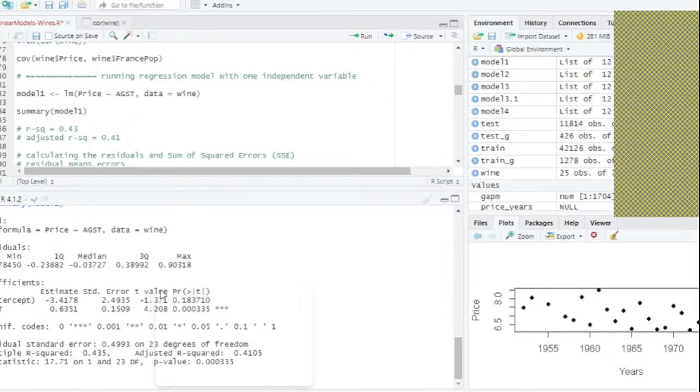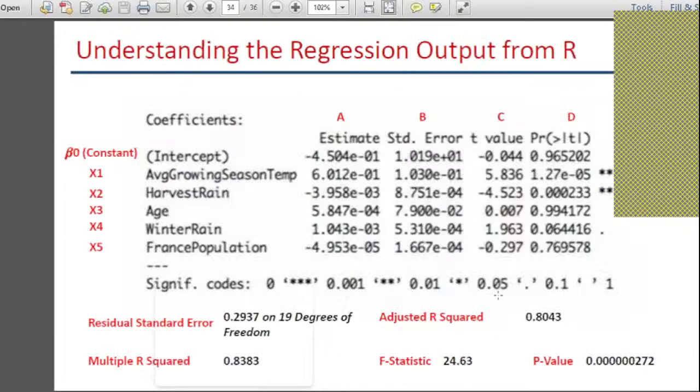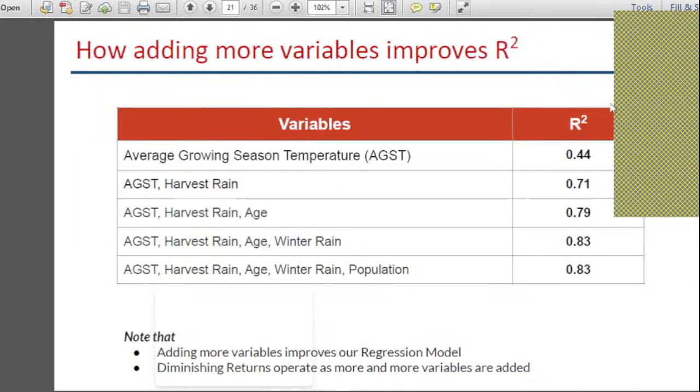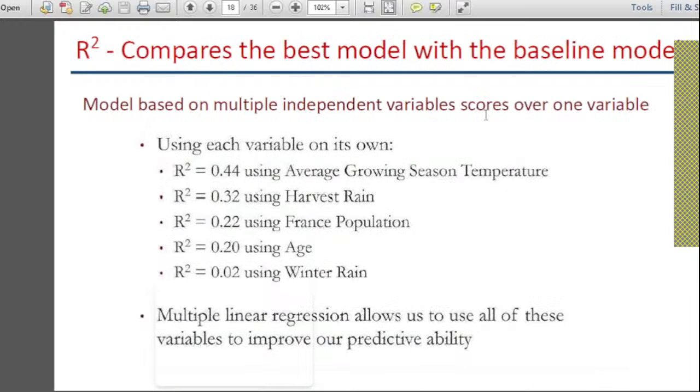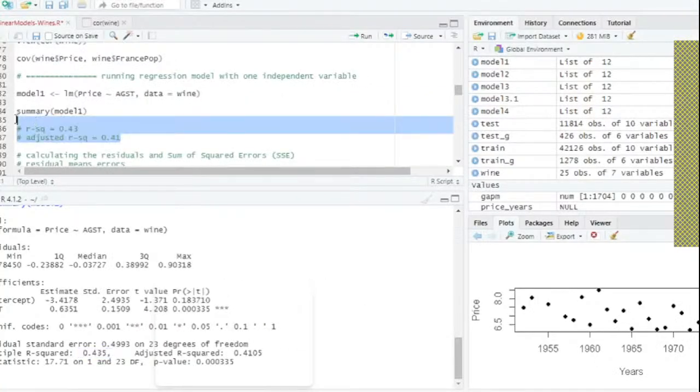Notice the R square, multiple R 0.435. Remember, the same was there in the explanation also. It was 0.44 for a single variable, and adjusted R square is 0.41. We are going to concentrate more on adjusted R square.